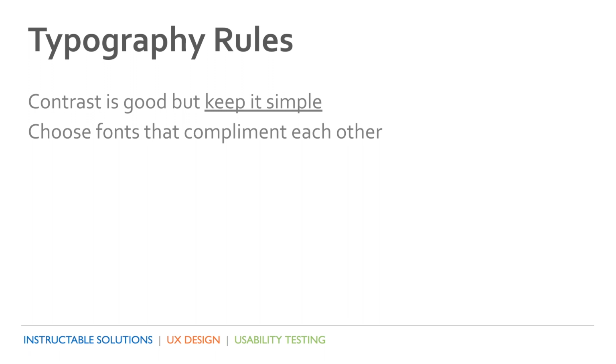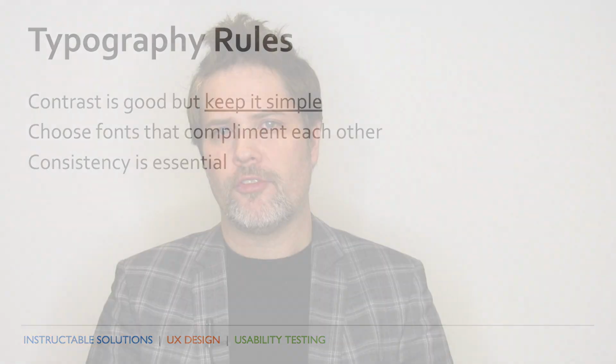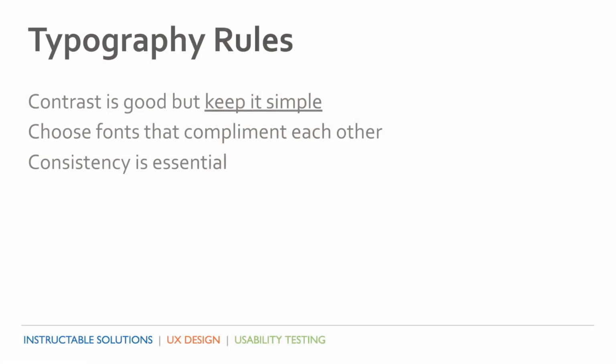If you are going to pair fonts together, make sure you choose ones that complement each other. And be consistent in your use of these fonts. If you're going to use one of the fonts for headers and the other for body copy, make sure that that stays consistent everywhere that you use those fonts in your design system.